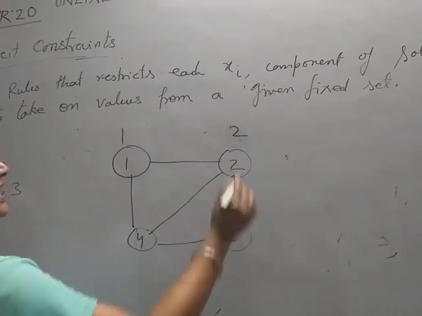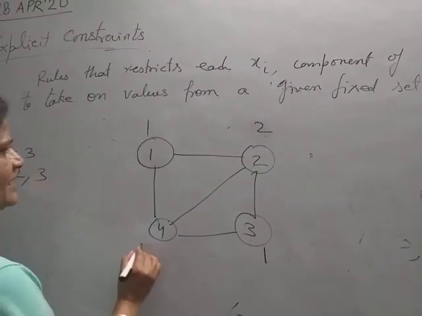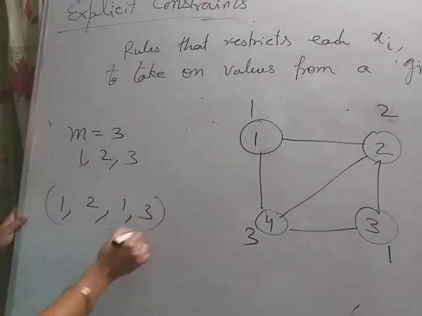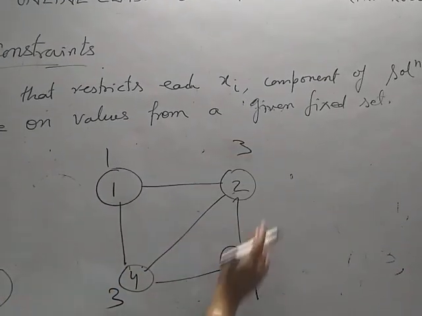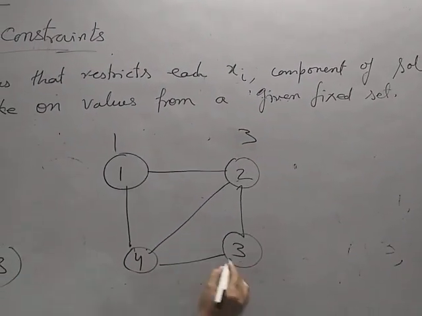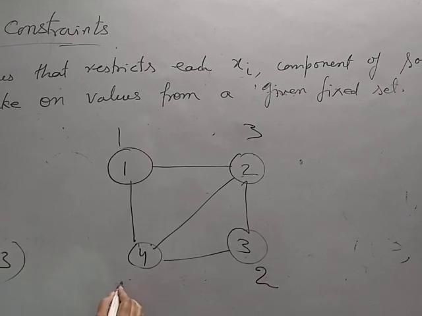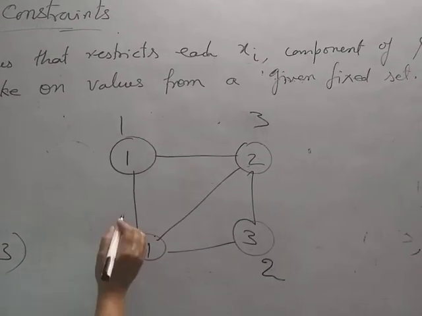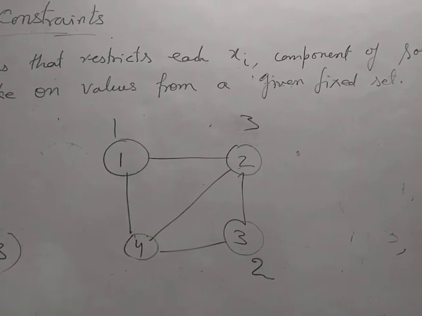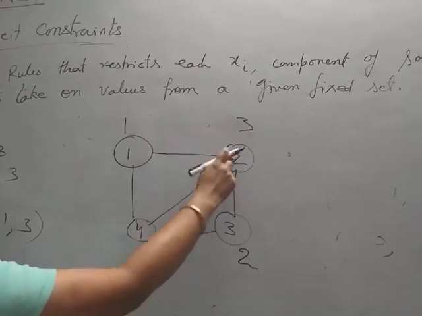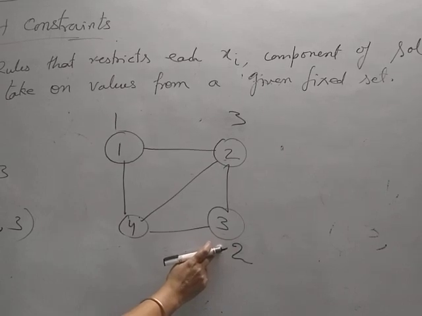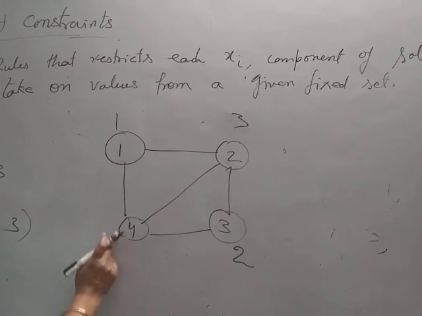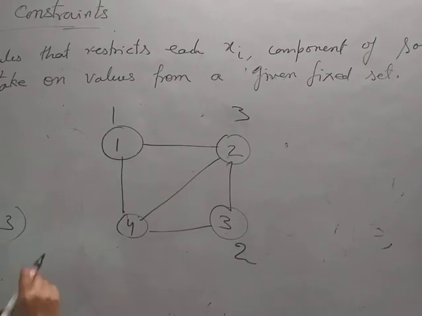One solution is 1, 2, 1, 3. Another possible solution is 1, 3, 2, 1, and other possibilities such as 1, 2, 1, 1, 3, 2 and 1, 2, 3.